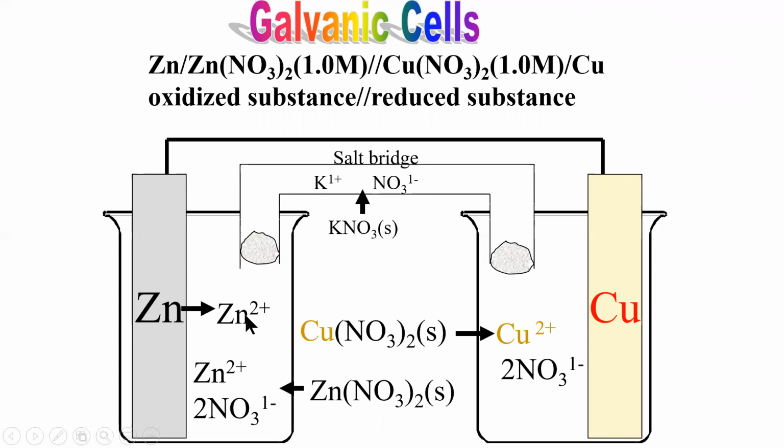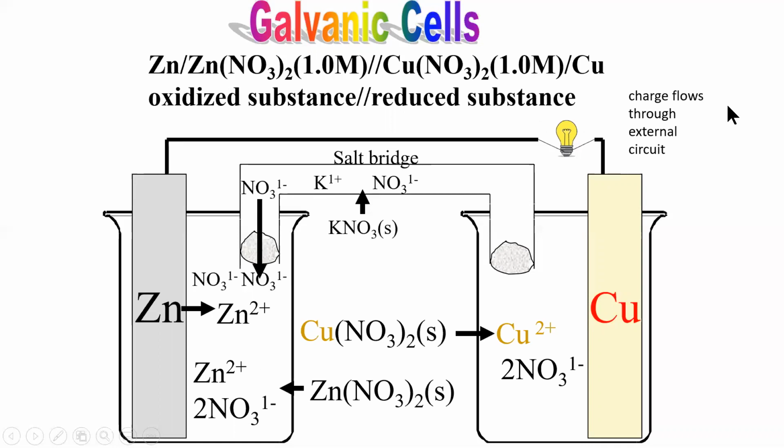The oxidation resulted in a 2+ zinc ion. Now, to maintain electrical neutrality, of course, we're going to have the flow of negative ions to balance out the zinc ions. But as the electrons flow through the circuit, they do work for us, like turn on a light.